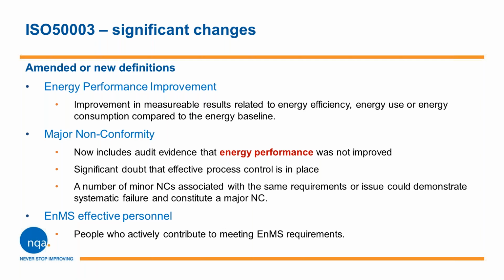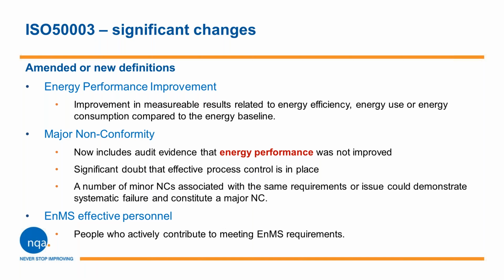We have no option but to stick to this. A major non-conformity is audit evidence that energy performance was not improved. So if your EnPIs show a reduction in energy performance, that is a major non-conformance, full stop. We have no ability to work around that.